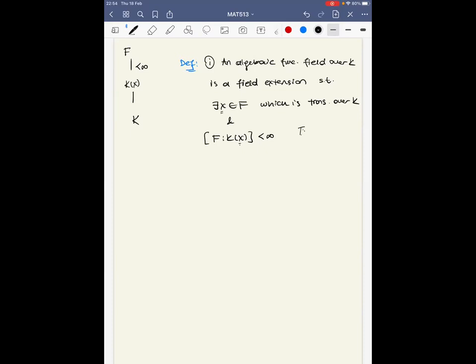The simplest example of an algebraic function field, of course, is a rational function field because it has extension degree 1 and it contains a transcendental element.